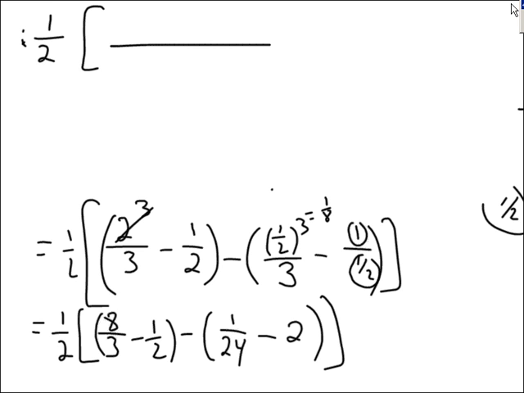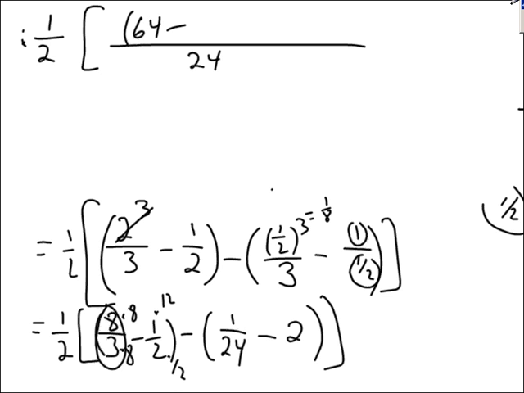Now, I want to write everything with 24 on the bottom. 8 over 3, I multiply the top and bottom by 8, I get 64 over 24. Minus, here, I multiply top and bottom by 12. So the bottom is 24. 2 times 12 is 24. 1 times 12 is 12.